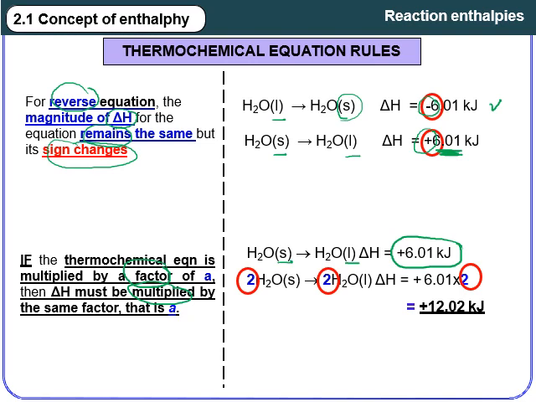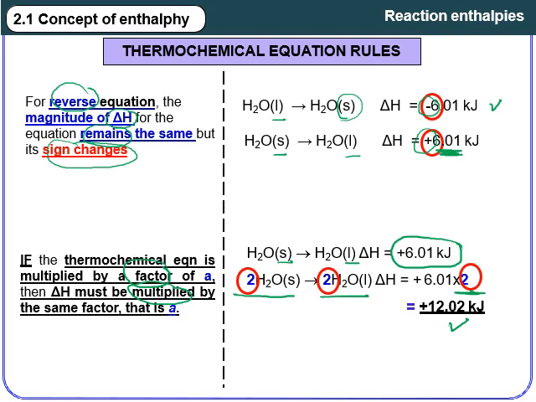But if the system melts 2 moles of solid H2O, 2 moles of ice, to form 2 moles of water, the energy change will increase 2-fold, which will become 12.02.